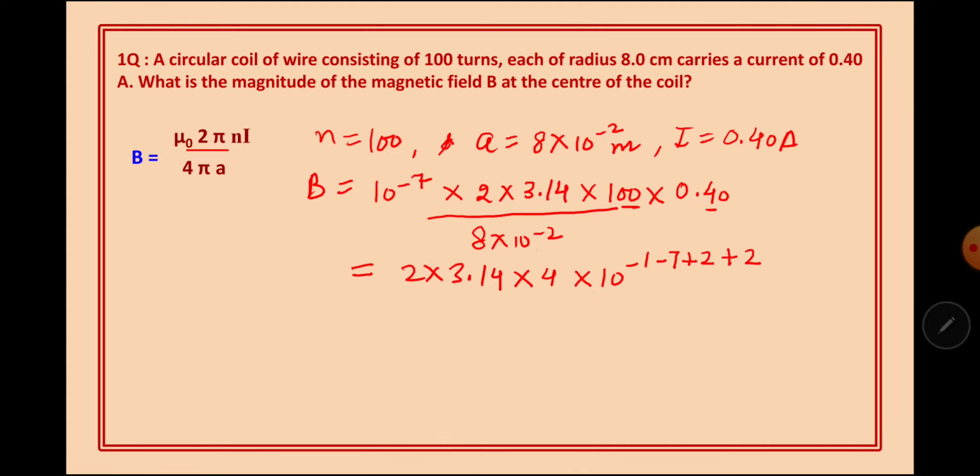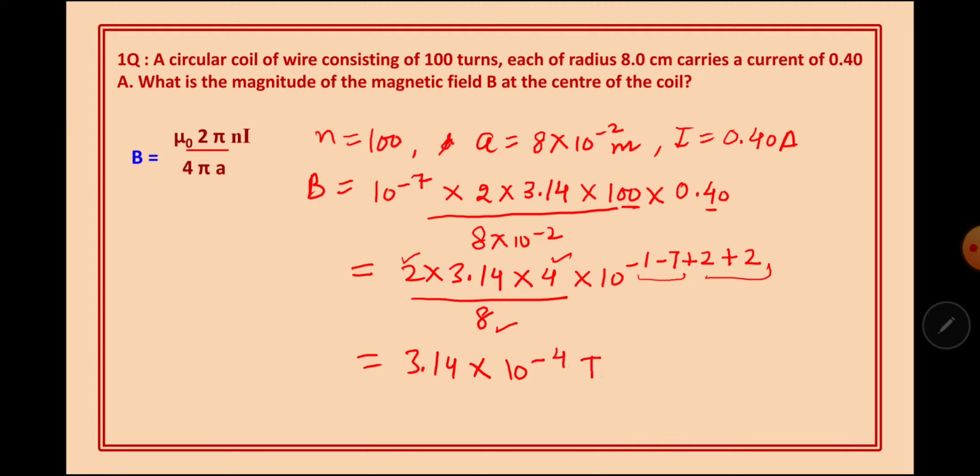So this is what we have about the powers of 10, and the remaining thing we have in the denominator is 8. Now students, this 2, 4 and 8, these three terms will get cancelled out in numerator and denominator, and what all I am left with, that is 3.14 into 10 raised to power. So here it is minus 8 and this is plus 4. So the power of 10 comes out to be 10 raised to power minus 4.